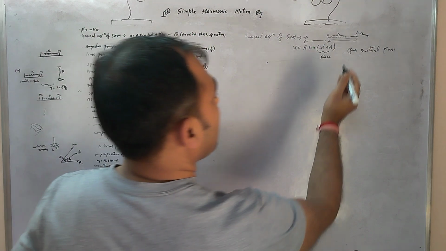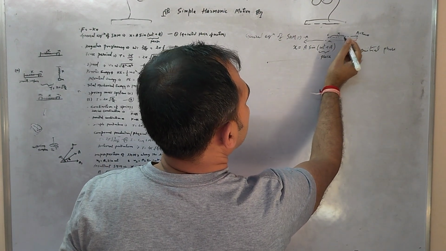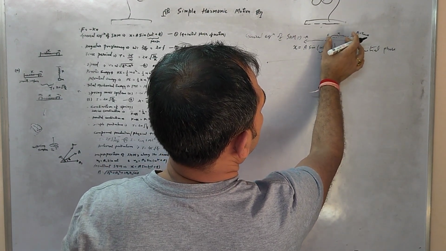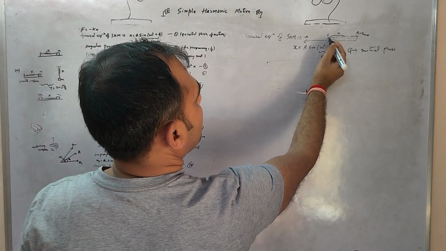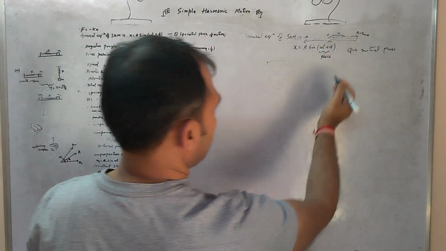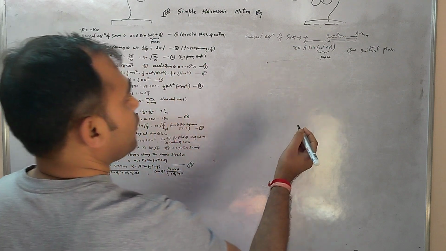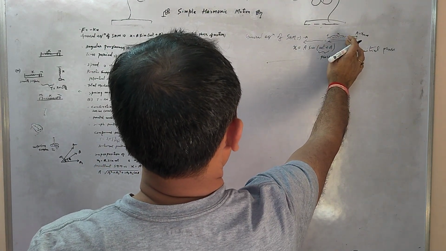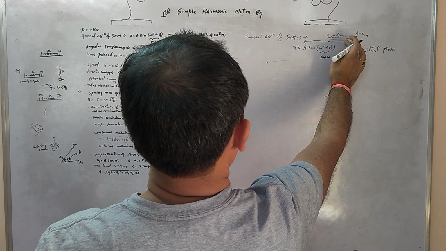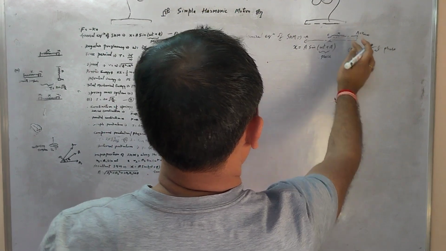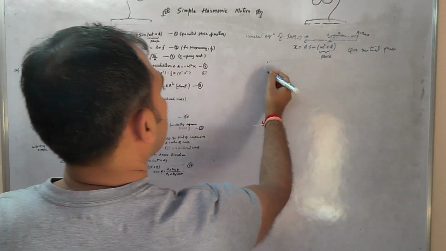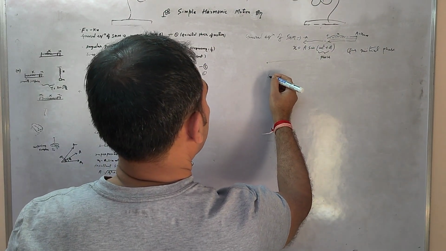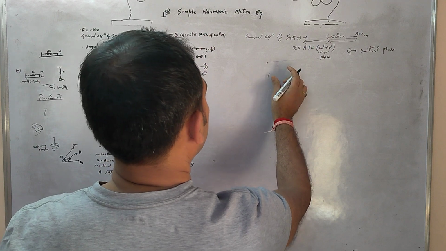Now if that point is at a distance x, any general point from this reference point, what will be the velocity of the particle that is undergoing simple harmonic motion?